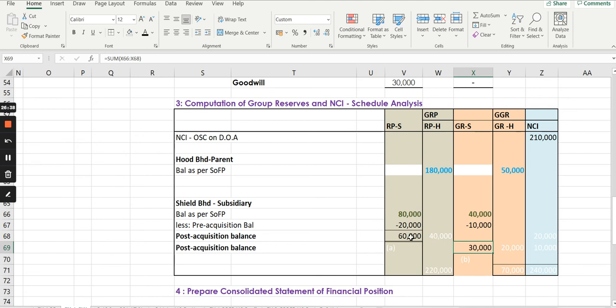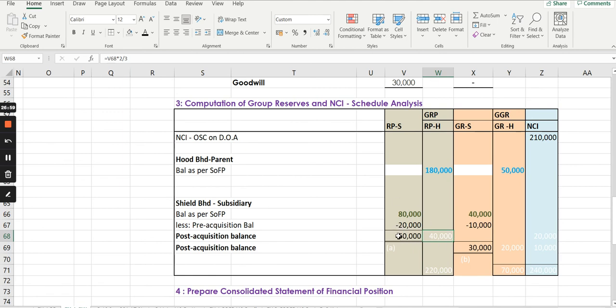Now we need to distribute the reserve to the parent and to the non-controlling interest. To the parent, we take 60,000, as you can see in the formula, multiplied by 2/3, which is the percentage acquired by the parent. Because there are no adjustments for intra-group transactions, we take the post-acquisition balance.